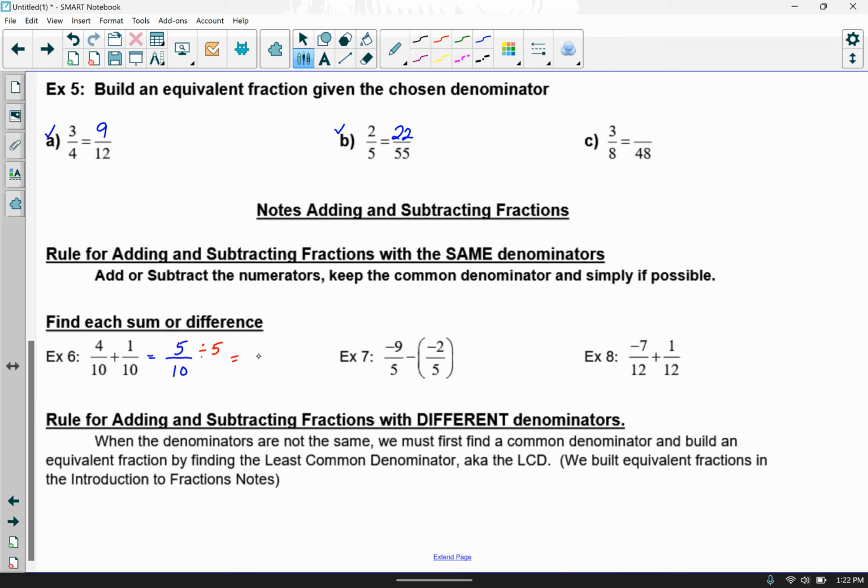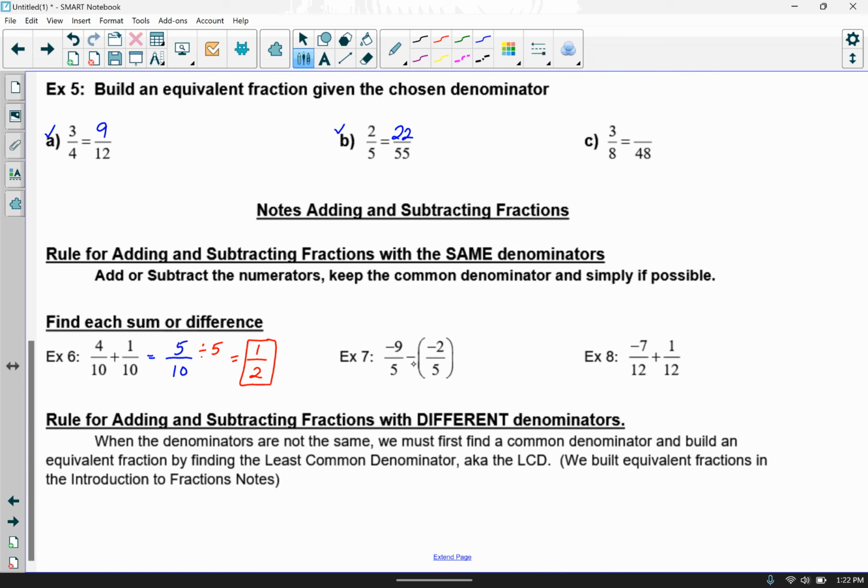So 5 divided by 5 is 1, 10 divided by 5 is 2. 1/2, final answer. So you always want to be on the lookout now as you're working with fractions. Whether you add, subtract, multiply, or divide, you're always going to be asked to simplify, okay? Unless, in that previous problem where we were just saying specifically build that equivalent fraction, okay? But otherwise, you're always going to be simplifying.